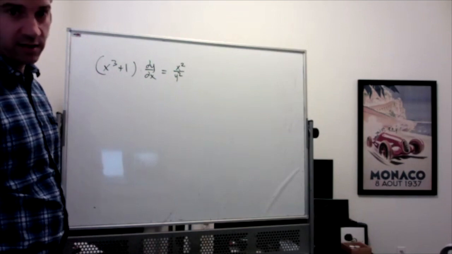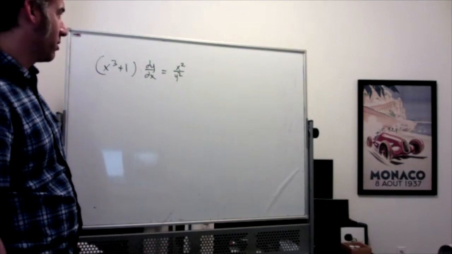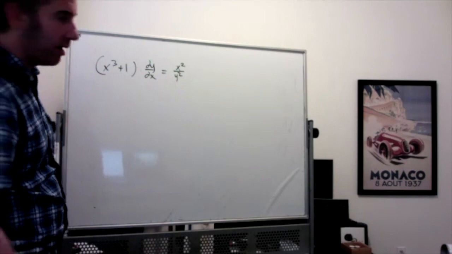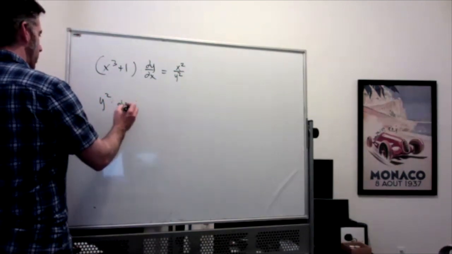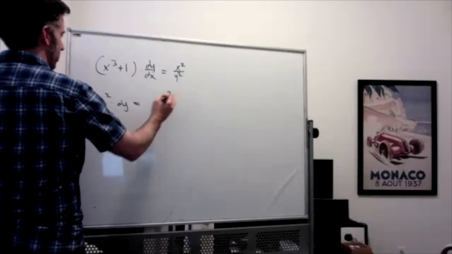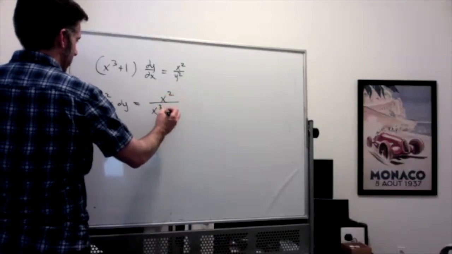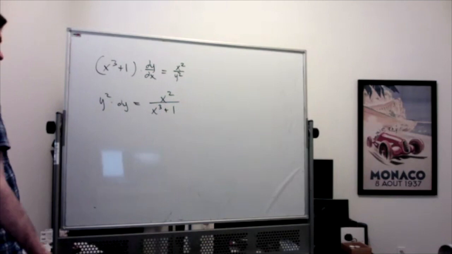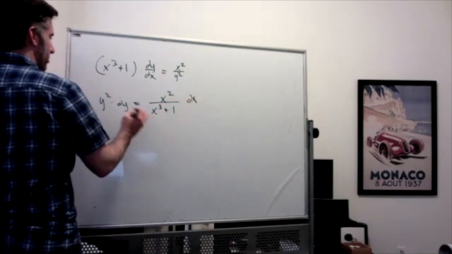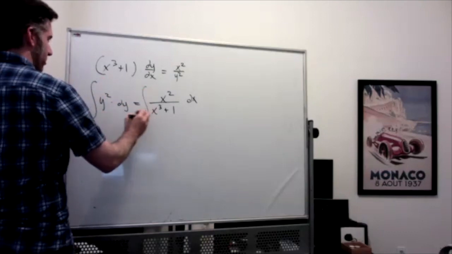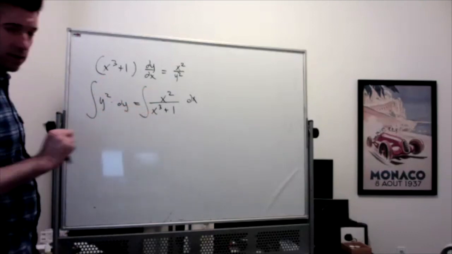So let's say we've got this. We're definitely bringing our y's to the left and our x's to the right. So we're going to have y squared times dy equals x squared divided by x cubed plus 1 dx. Let's integrate this thing.